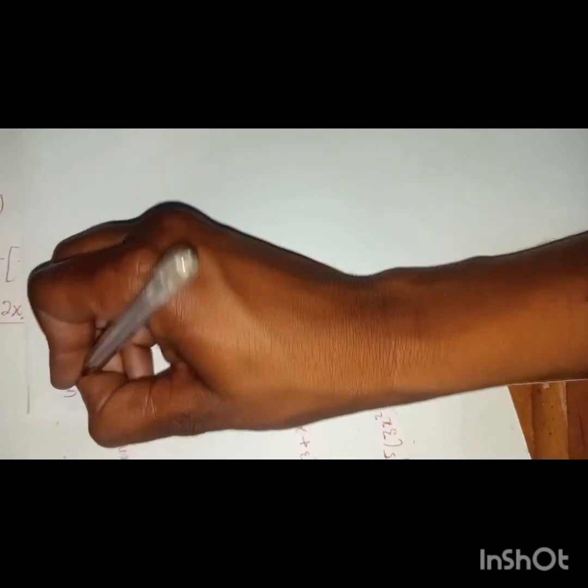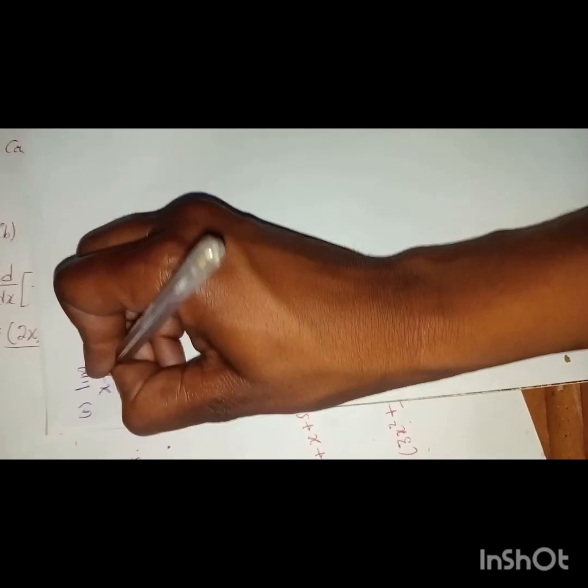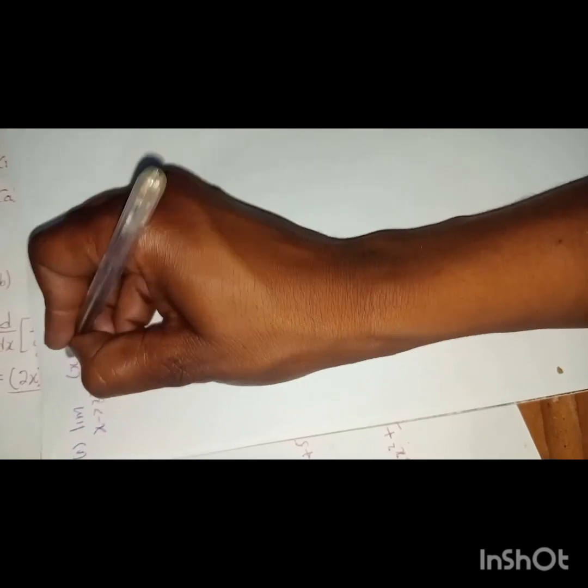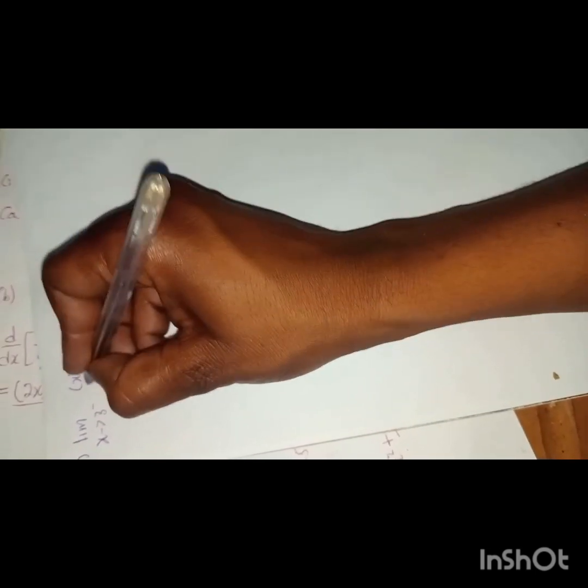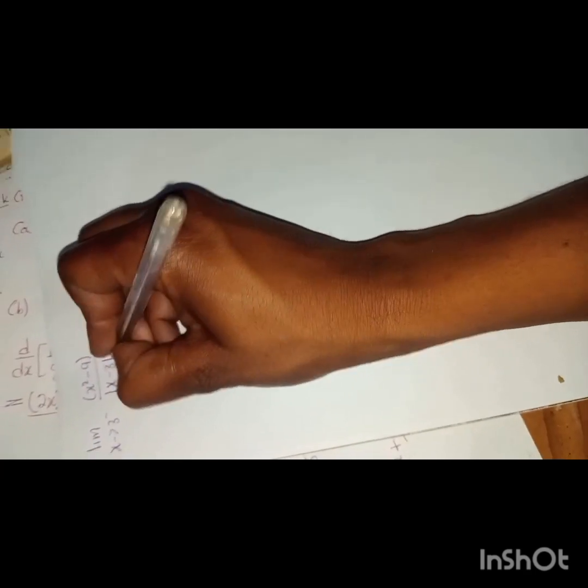Okay, one, which is lim x approaches 3 minus. Since it's a minus, you know how to solve the absolute value, which is x minus 3.